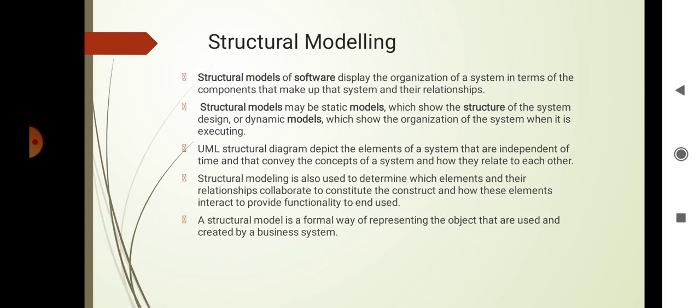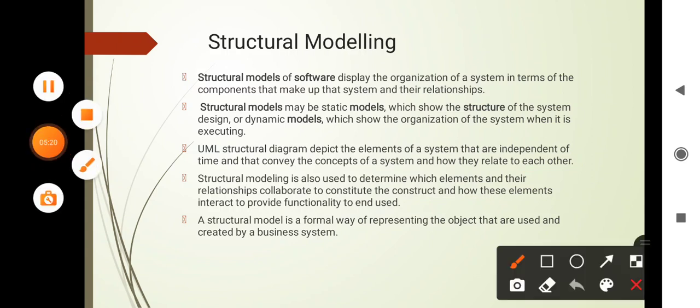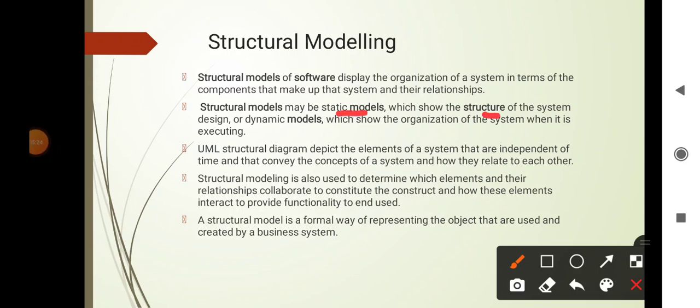Structural models of software display the organization of a system in terms of the components that make up that system and their relationships. Structural models may be static models, which show the structure of the system design, or dynamic models, which show the organization of the system when it is executing.